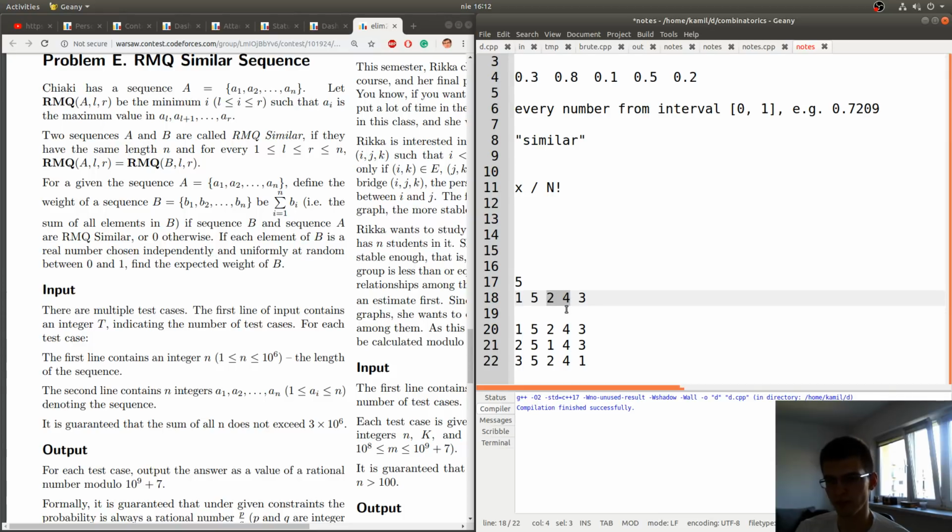So in every permutation, this number should be bigger than this one. Why? Because when we take a look at this interval from the definition, in this similar permutation also here must be the biggest number in the interval. So this value must be bigger than this value.